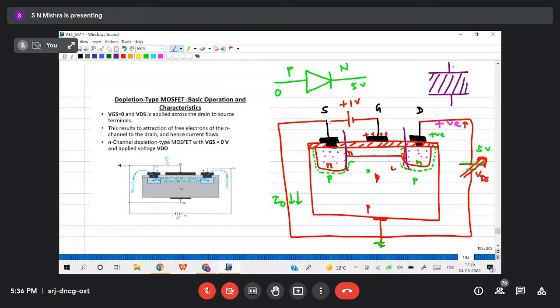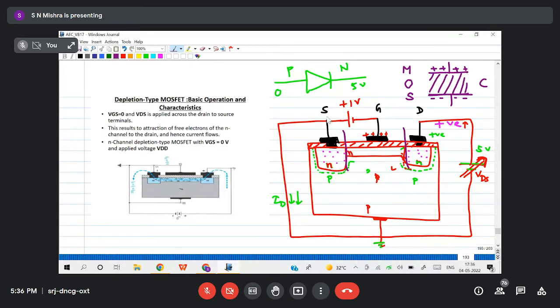Whatever positive voltage you give, negative potential will appear on the other plate. The same thing is happening here. The top plate is metal and the bottom plate is semiconductor, both are conductors, and in between is the oxide, which is an insulator. So it acts like a parallel plate capacitor.